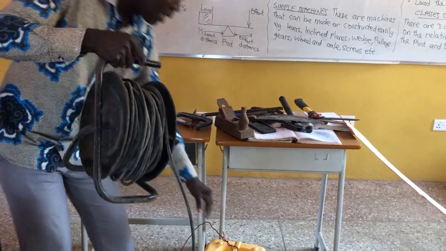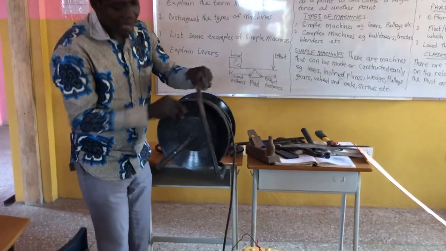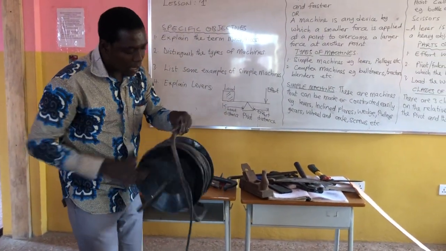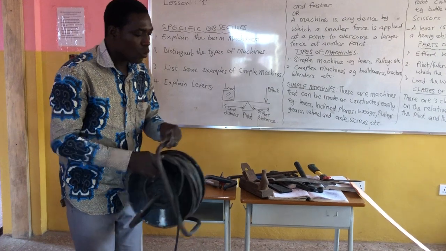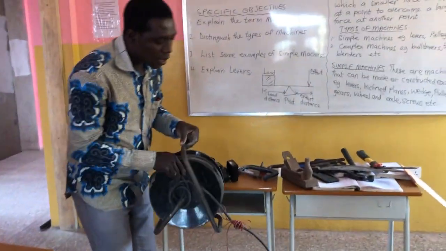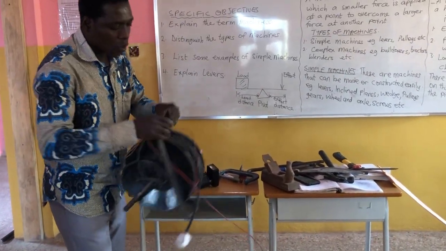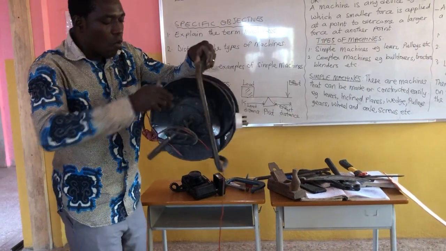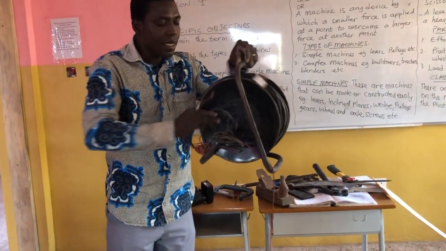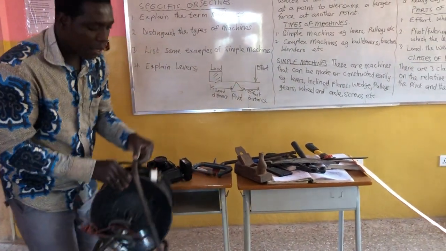So when you fix it here and you want to raise it, you only roll it because it can easily be done in that way. So in so doing, you can overcome the weight which the normal strength or energy cannot perform. So this is a system which is called a pulley system. I hope you can see that. Okay, thank you.